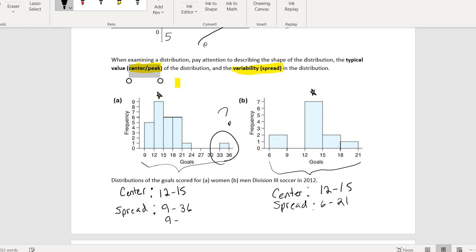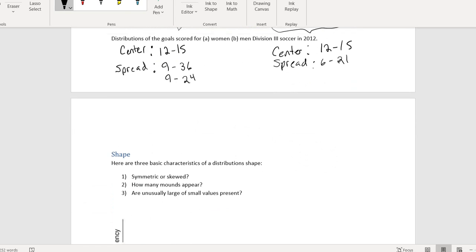So if we removed that observation, maybe we would say instead that it's 9 to 24. By the way, an observation that's far away and doesn't have a whole lot of frequency is called an outlier. We'll talk about those a little bit later.